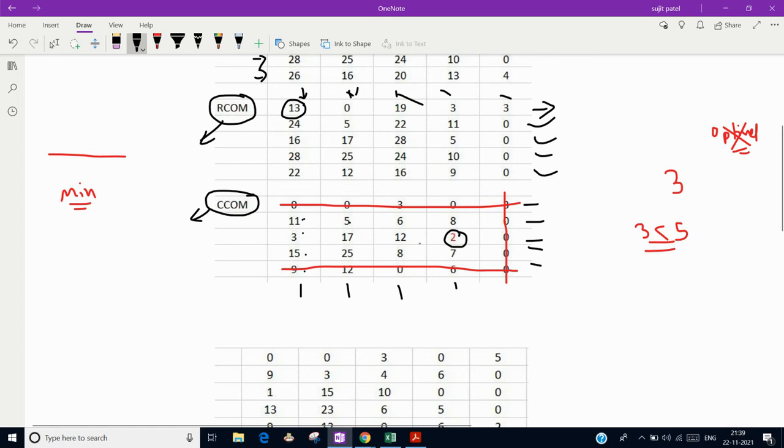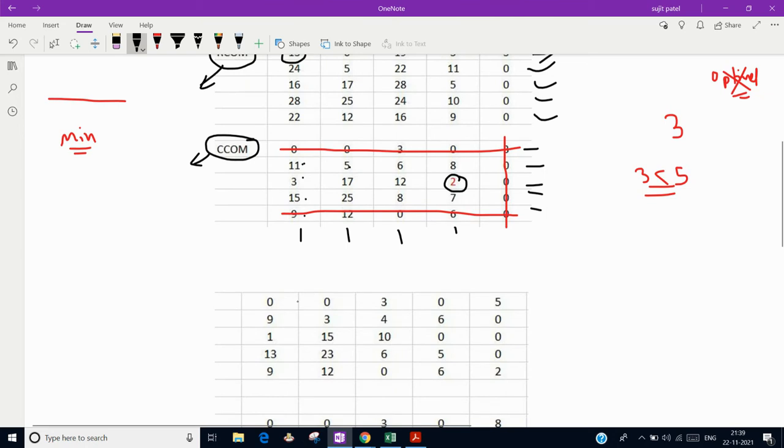Now whatever elements are not covered by any line, subtract that minimum element from them. So 11 is not covered by any line, so 11 minus that minimum element, 2, is 9. 5 minus 2 is 3. Similarly, all the uncovered elements should be reduced by the minimum value.